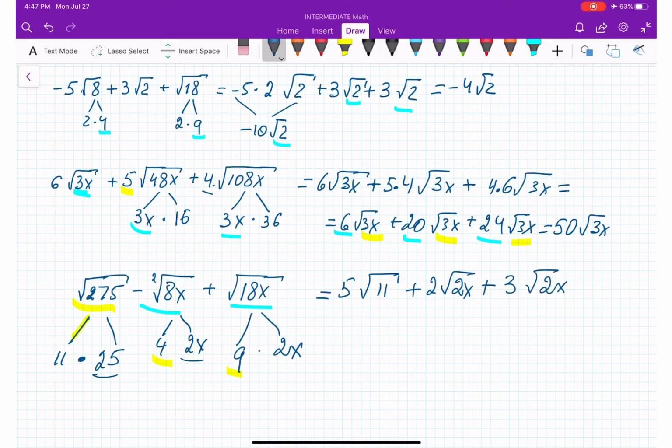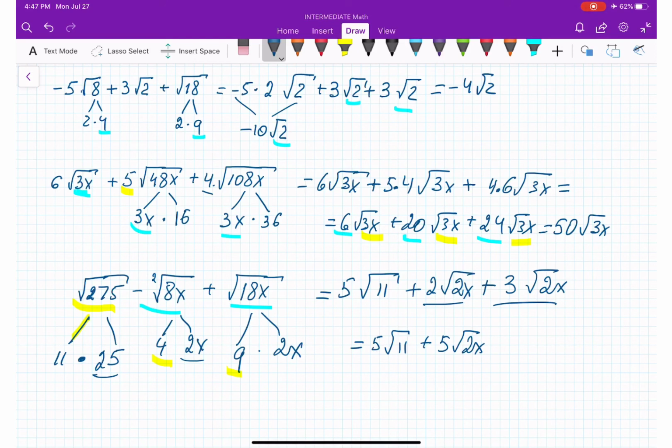So these two ones are like terms, and the answer is going to be 5 square root 11, and these two, it's going to be 2 plus 3 is 5 square root 2x.